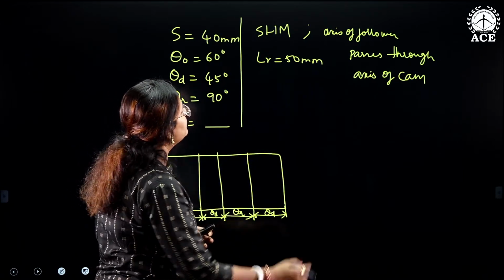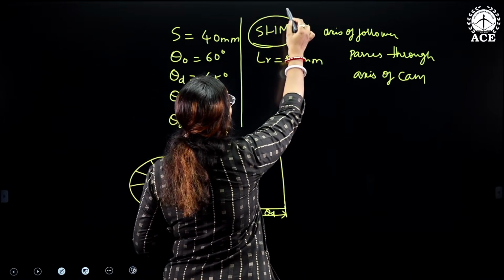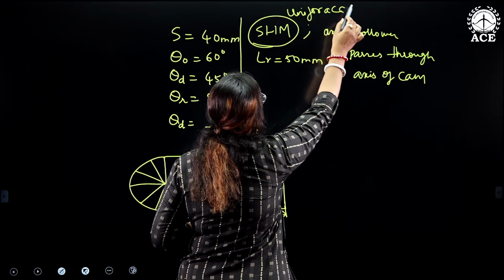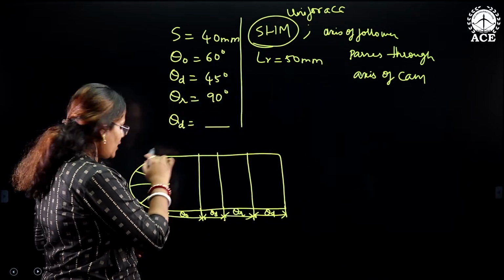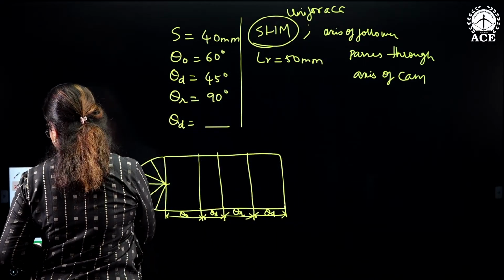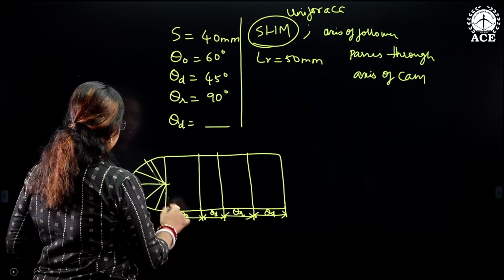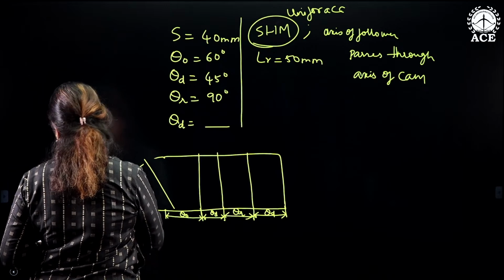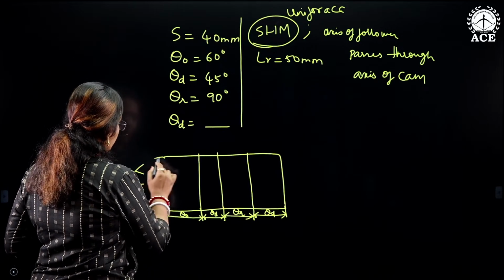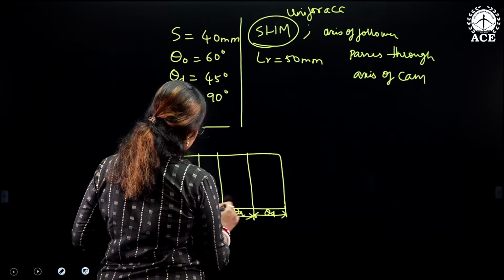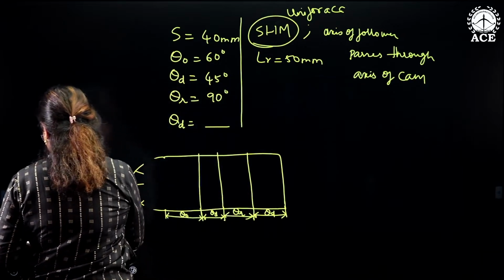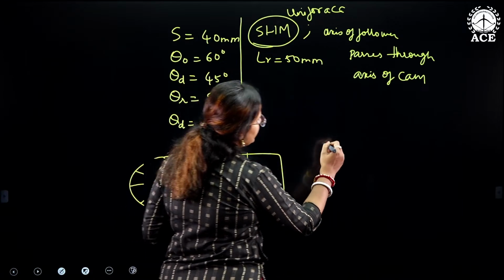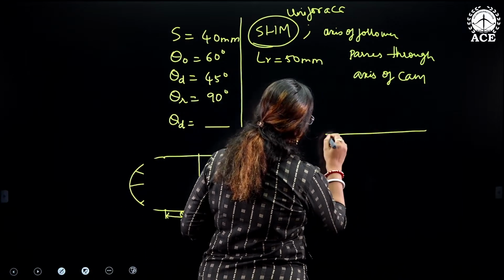Suppose in the same problem they give uniform velocity or, let's say, uniform acceleration. How is this going to change? We are not going to draw this one. We are going to draw the displacement diagram like this.